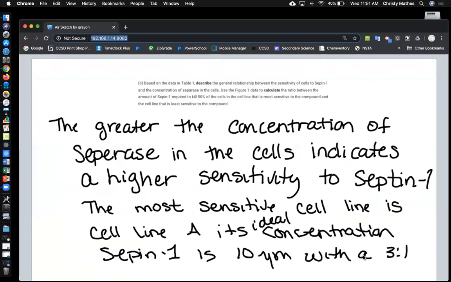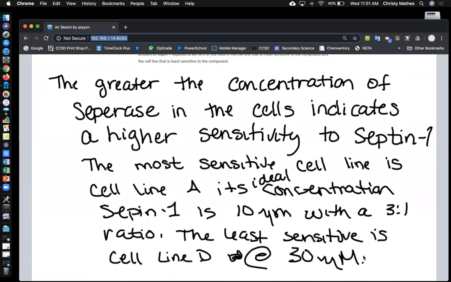With a 3-to-1 ratio. Then the least sensitive is cell line D at 30. Okay. So now I've looked at the data and I've answered it with numbers. So that is my part C.